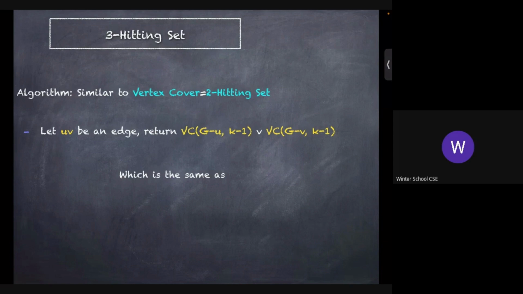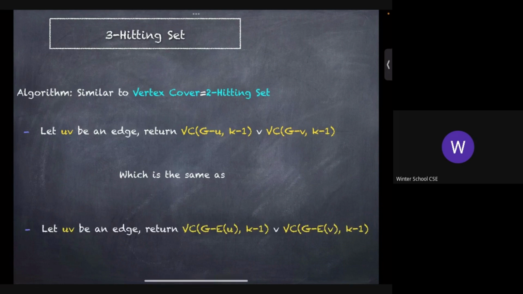Okay, and you remember how we branch on vertex cover. We were taking an edge and branching into two instances, so here I can do the same type of argument. Let me restate it. If I have an edge, I branch on 2 instances.